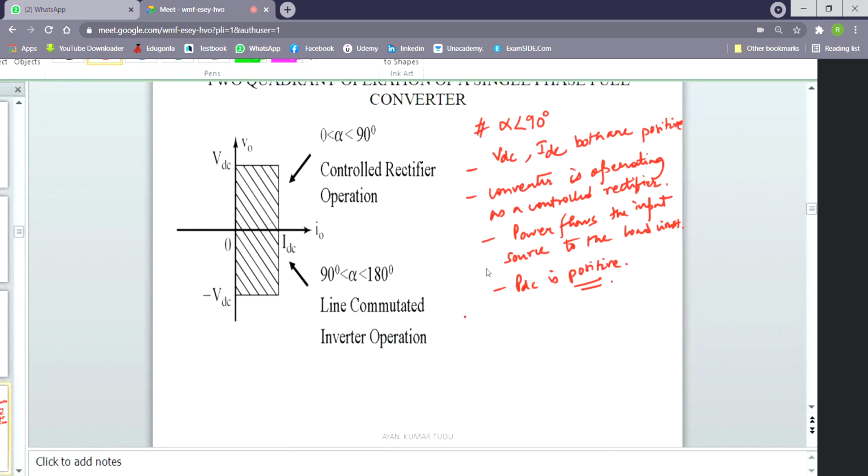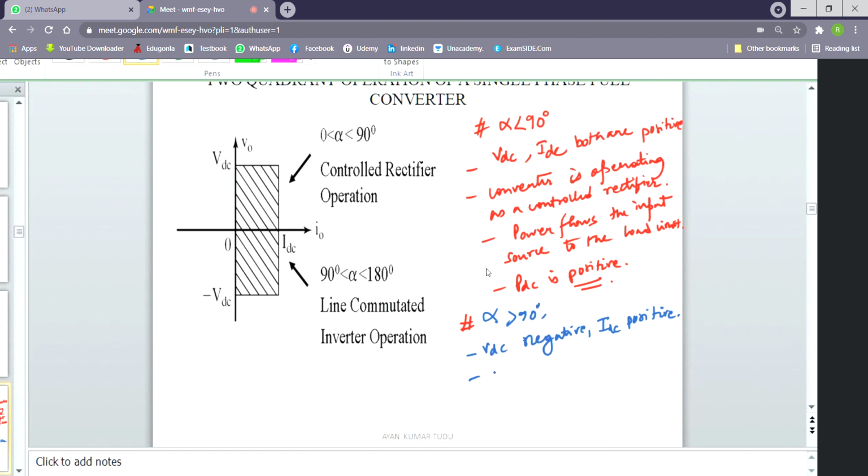Just the opposite happens when alpha is greater than 90 degree. So when alpha is greater than 90 degree, VDC becomes negative but IDC is positive.